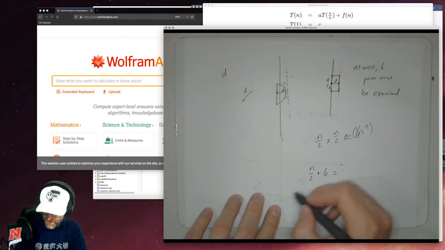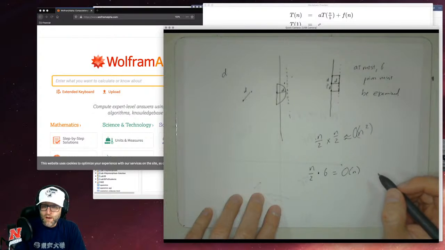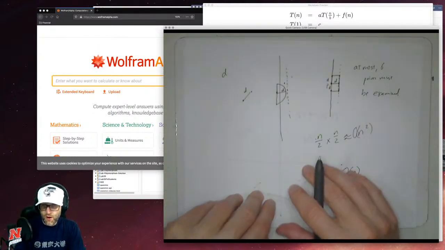Forgetting about the constant, this is going to be order n instead. We get away from doing a quadratic amount of work and only do a linear amount of work.